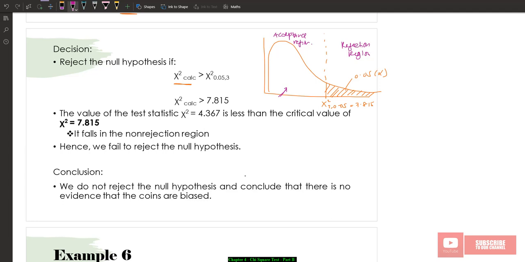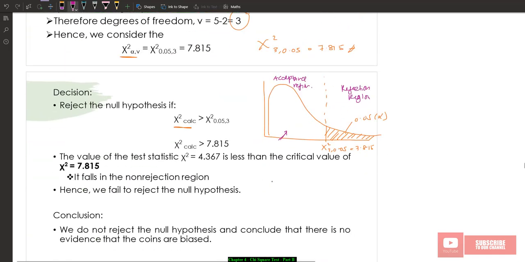So since our chi-squared calculated is equal to 4.367, somewhere here, 4.367, which is less than our critical value, it lies in the acceptance region, so we will accept the null hypothesis.